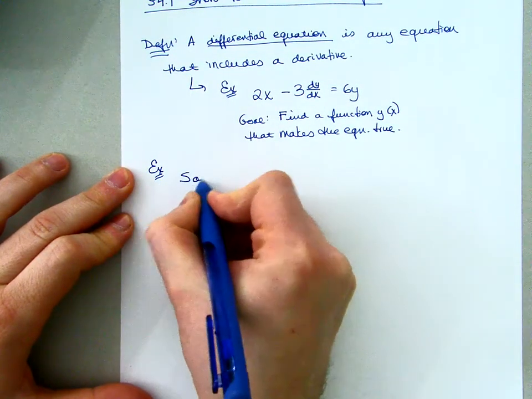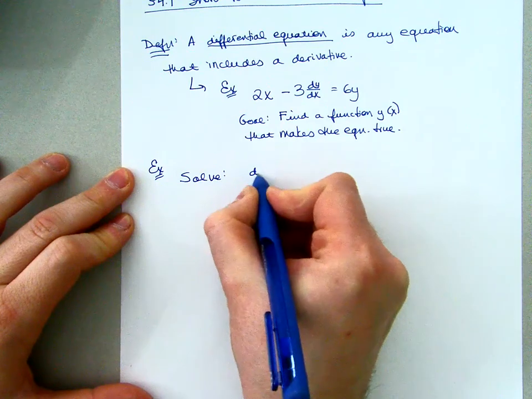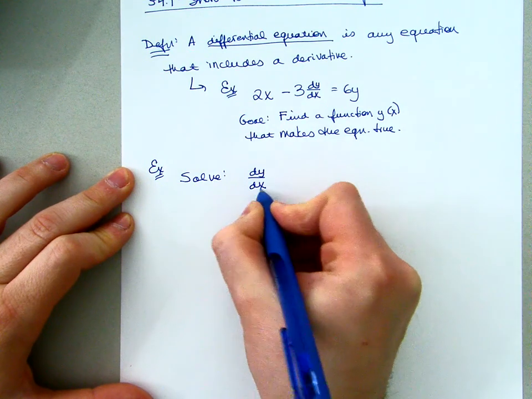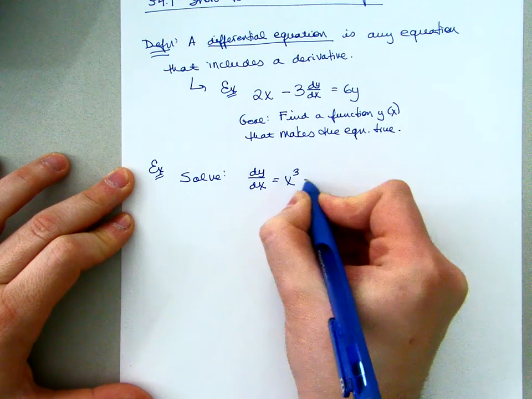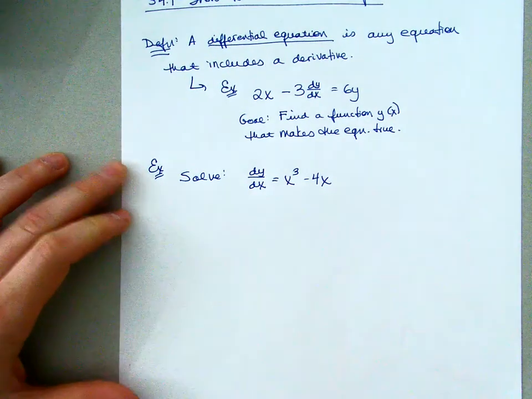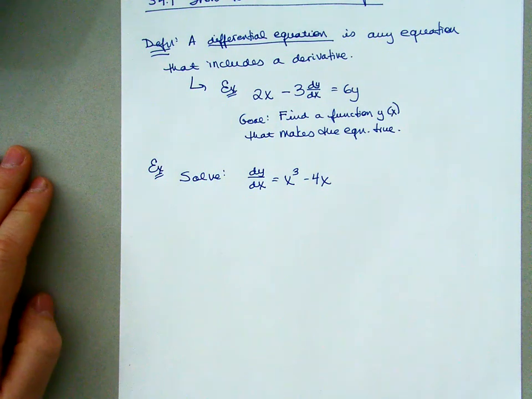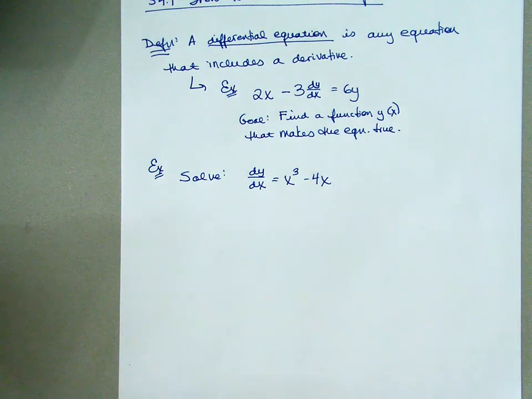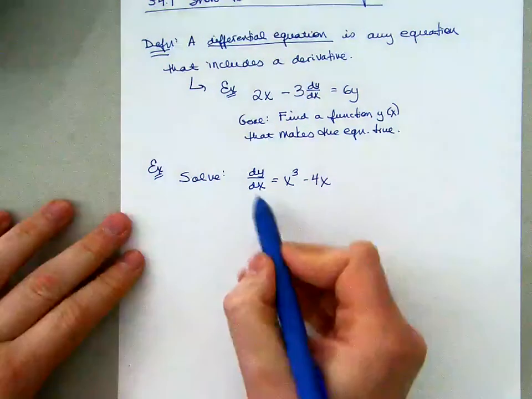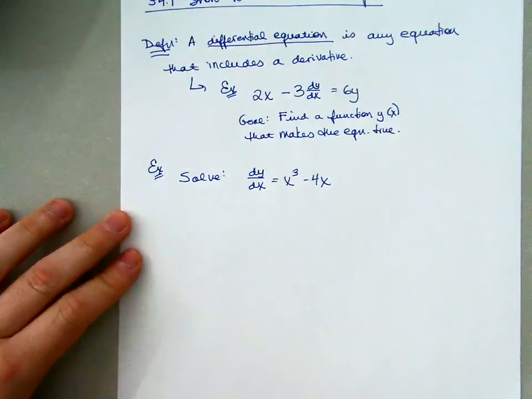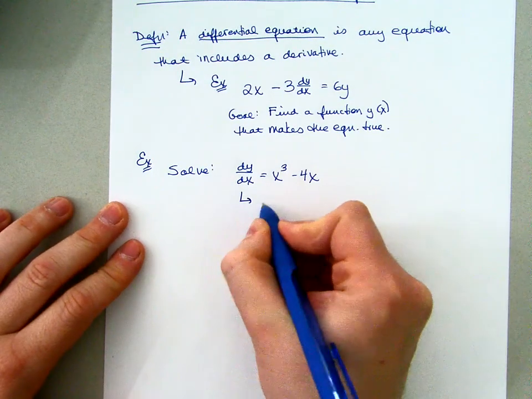We are going to look at solving the differential equation dy dx equals x cubed minus 4x. We're going to solve this differential equation. Which means I need to find a function whose derivative is just x cubed minus 4x. Let me write down that question.